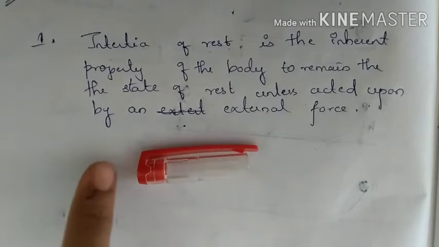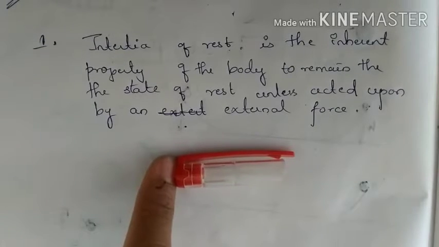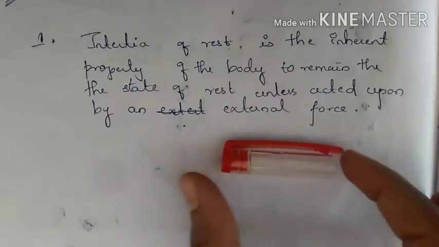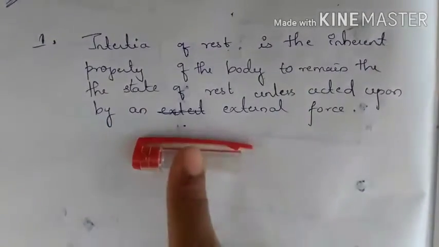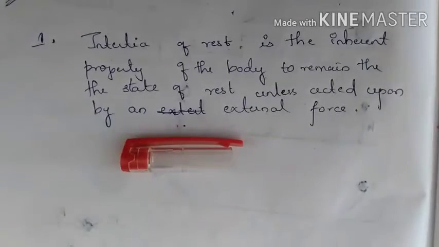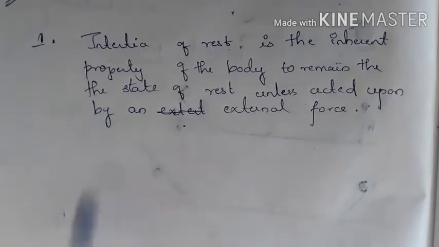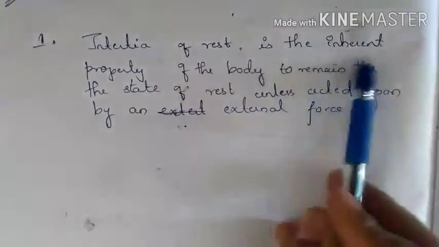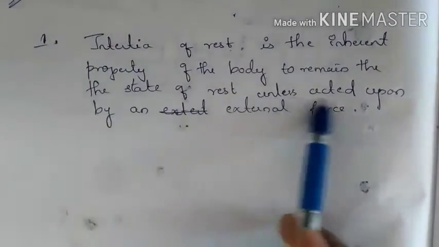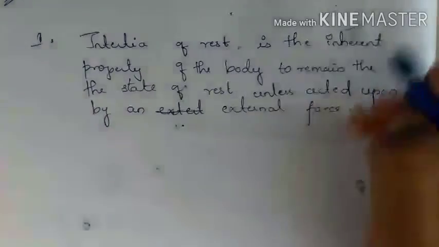When I put a force on this cap from this side, then the cap moves in the direction of the force. This is the property of inertia. If you don't apply a force on this cap, then this cap would remain at rest. So this is the first property: inertia of rest is the inherent property of a body to remain in the state of rest unless acted upon by an external force.